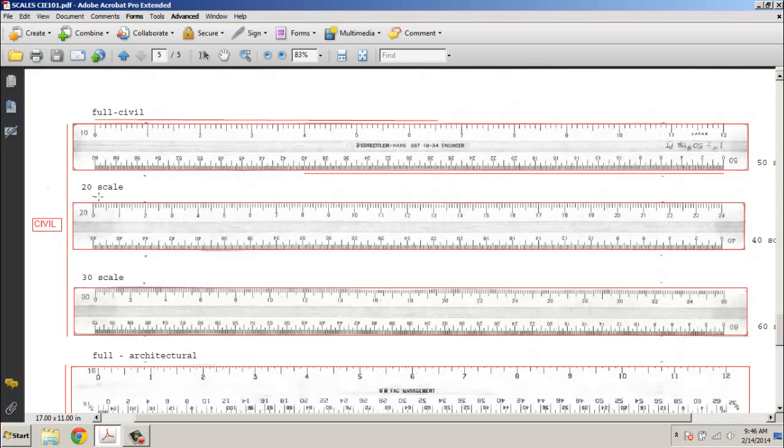We'll start at 0 and come out to this point. 1 inch equals 20 feet, this would equal 16 feet. It could be 1 inch equals 200 feet, where this would equal 160 feet. Or 1 inch equals 2,000 feet, where this equals 1,600 feet. So if you're looking at a map, it's easy to use these.